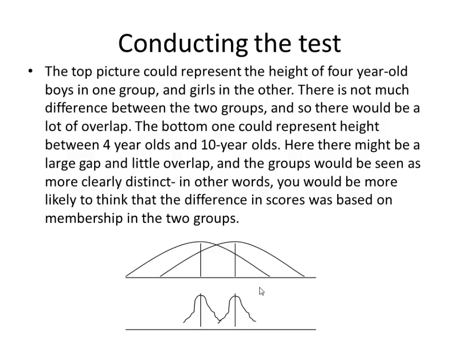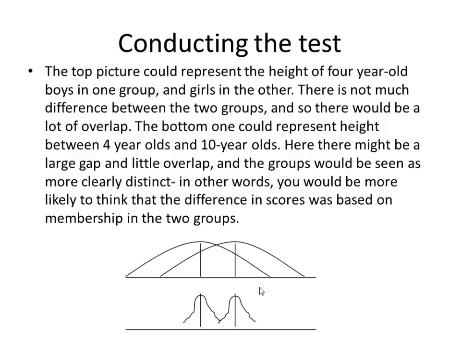So for example, the top picture, where you have a lot of spread in both groups, could represent the height of 4-year-old boys in one group and 4-year-old girls in the other. And you'd probably expect to see not much difference between the 2 groups. And so there would be a lot of overlap in the variance there, so it's hard to distinguish that there are actually 2 different groups.